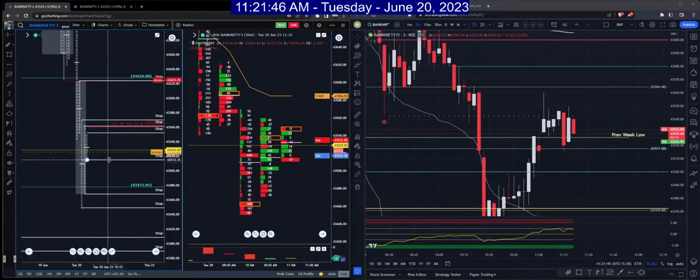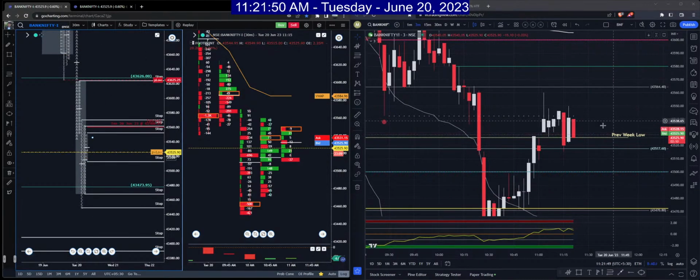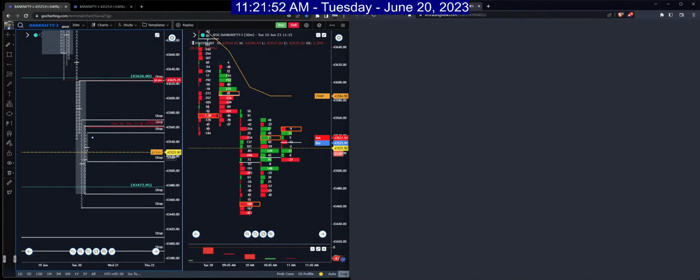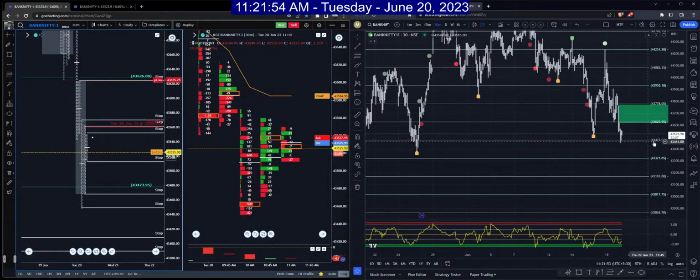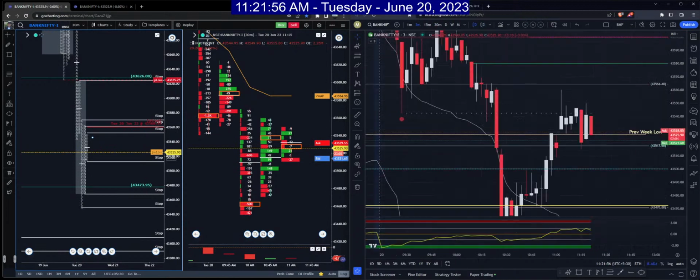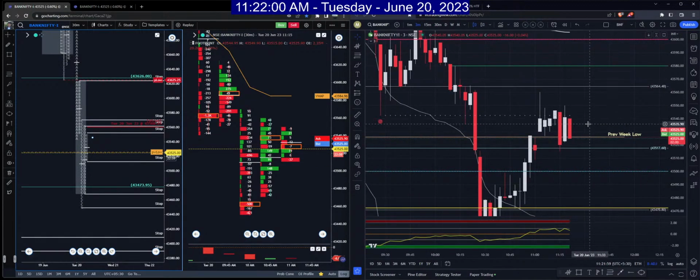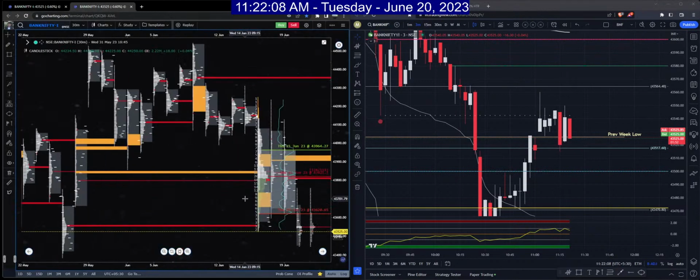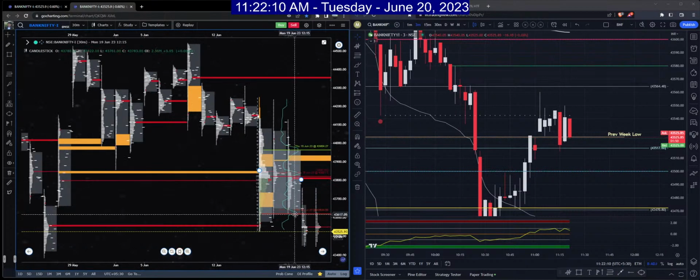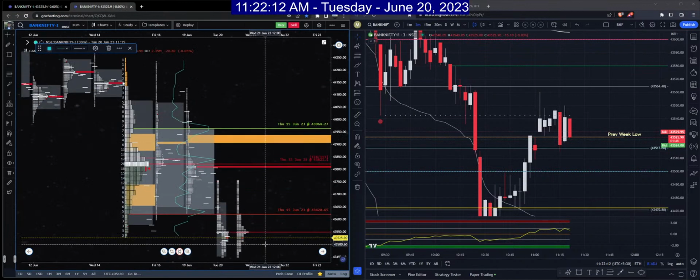I am long biased, and the reason is we are trading around the previous week's low. This is a data point. And also from a higher time frame perspective, we are developing above the 43,473 level. That's where I was expecting supply to shut off, and that's what it has done here. And now we are just moving above. Let's see how the price develops, are we coming back?